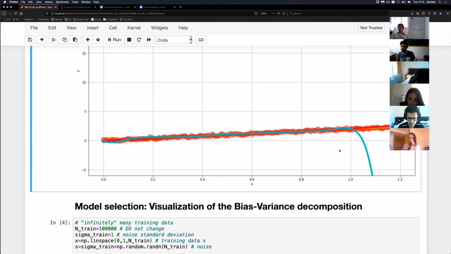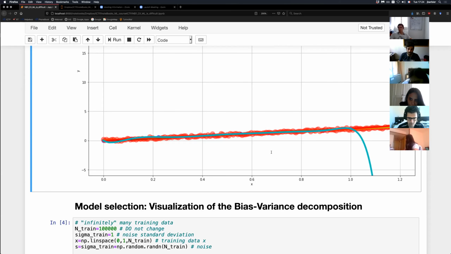So we understand one thing is that even for very low noise, using a rich model may not be a good idea. Okay. And we see also that it's difficult to predict what happens outside of the range that we used for training.